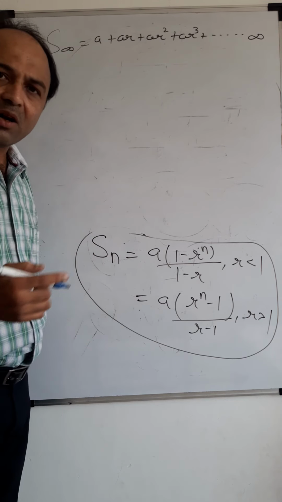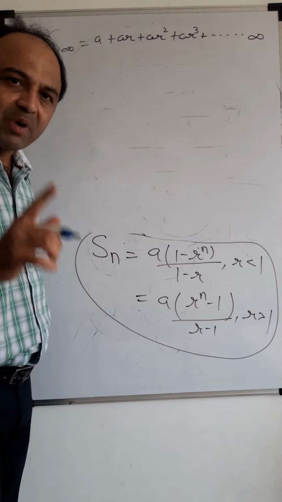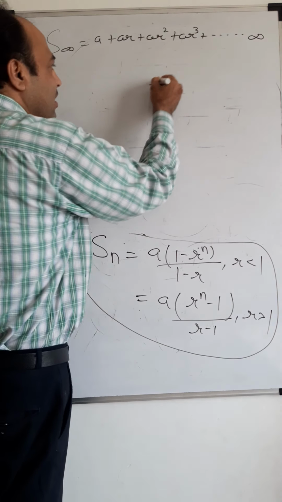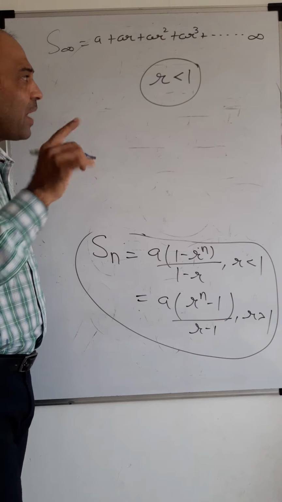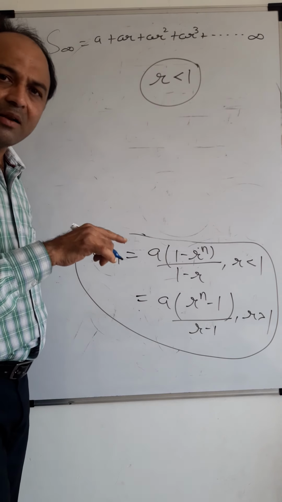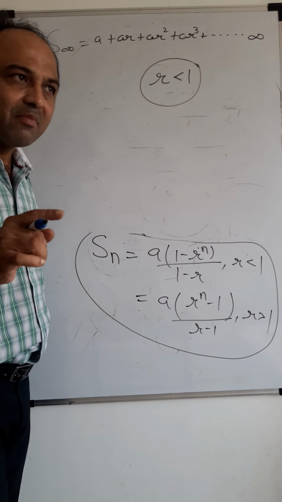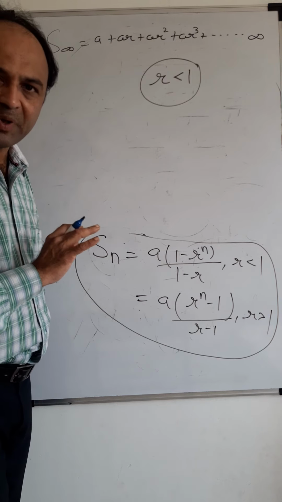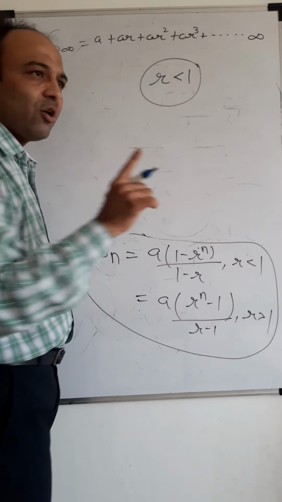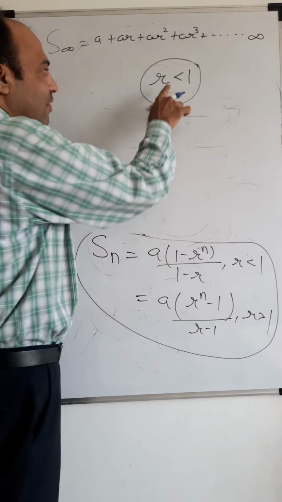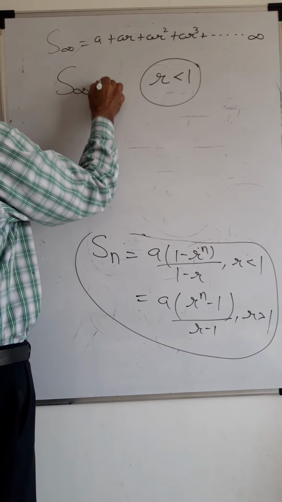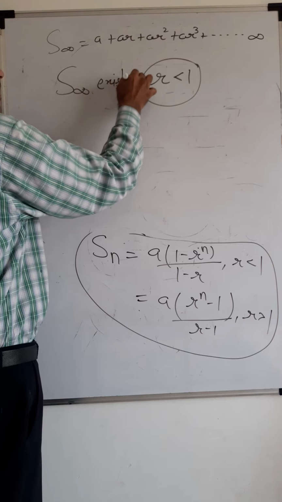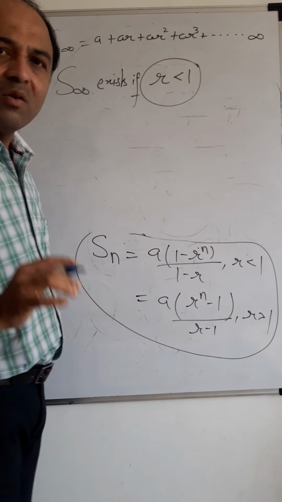There we can get S infinity of a GP, but the condition is that the common ratio must be less than 1. If r is greater than 1, then we cannot get the sum to infinity of a GP. So S infinity of a GP will exist when r is less than 1.